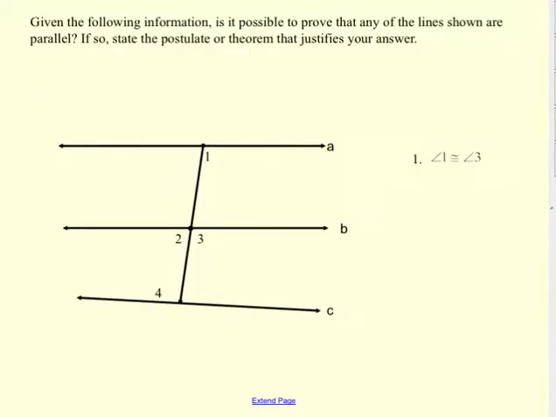Let's take a look at this in practice. Given the following information, is it possible to prove that any of the lines shown are parallel? If so, state the postulate or theorem that justifies the answer. We know that angle 1 is congruent to angle 3. These two angles are corresponding.